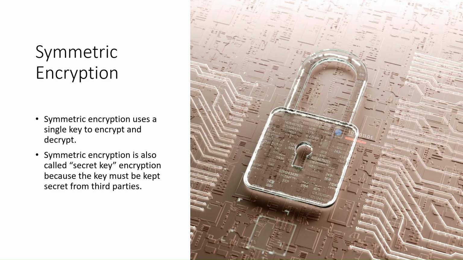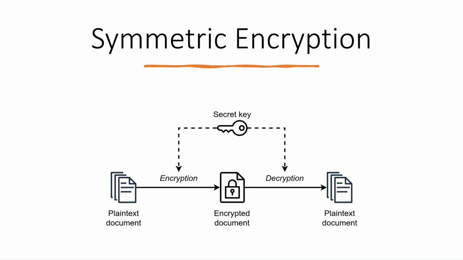Usually, it is also called secret key encryption because the key must be kept secret from third parties, so that even if they catch the message, they won't be able to read it. When you want to encrypt a document, you're going to generate a single key. That key will be used to encrypt the document that you want to send.